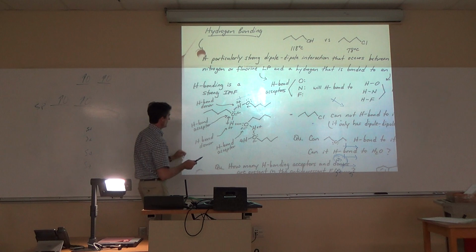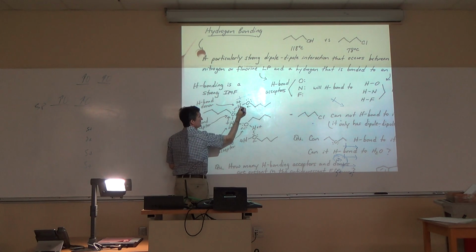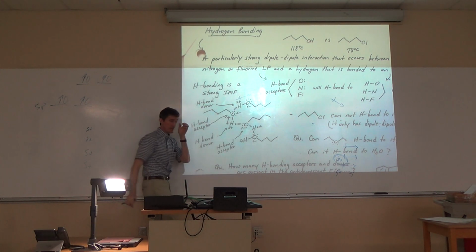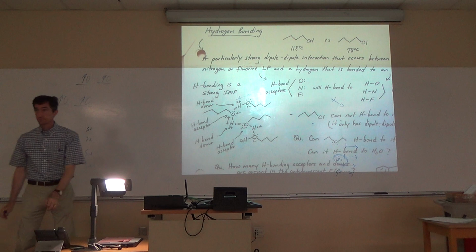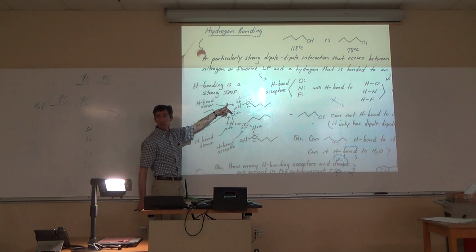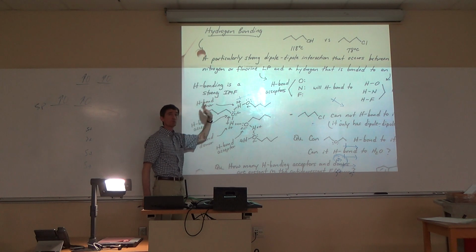Now in this scenario, the molecule with the H here is called the hydrogen bond donor. And the atom with the lone pair is called the acceptor, the hydrogen bond acceptor. So those are important terms.